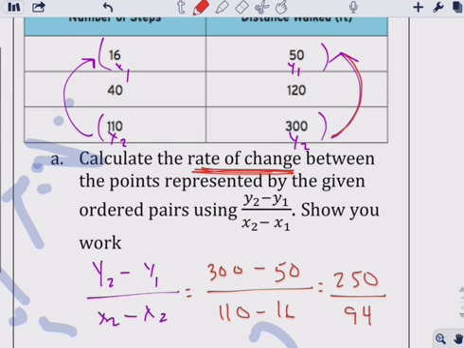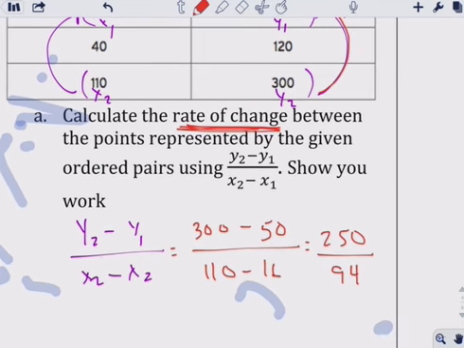I can reduce this to 125 over 47. Sorry, not a 2. 47 can be reduced to that.